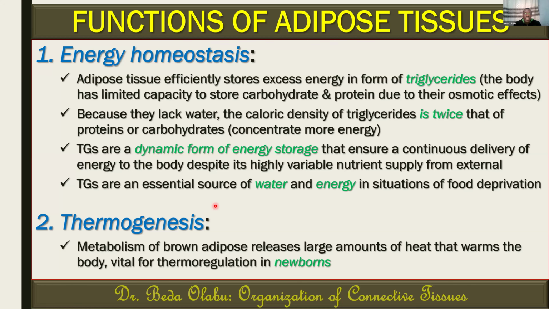This is particularly important in newborn babies who have a larger surface area to volume ratio. Therefore, they are at risk of losing a lot of heat and getting hypothermia. Therefore, brown adipose tissue is abundant in this age group for this purpose, where the body is able to generate heat to warm itself.